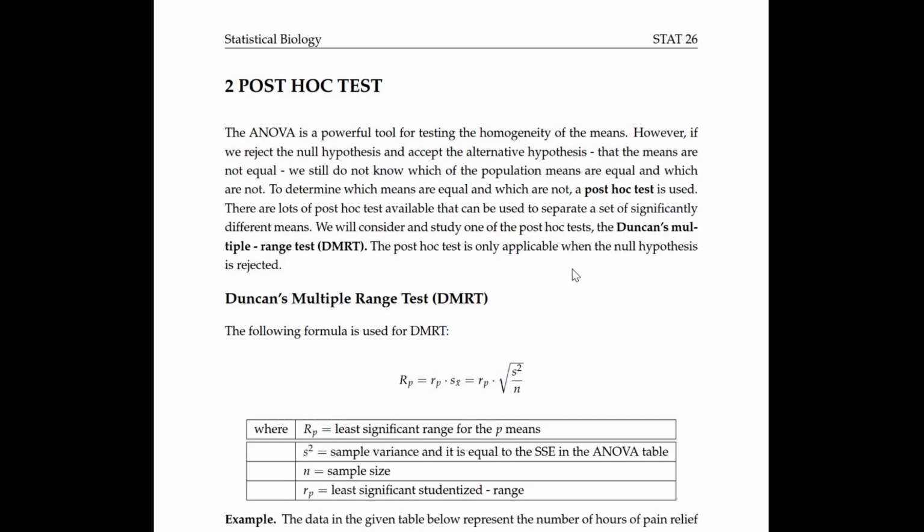So for this discussion, we will consider one post-hoc test, which is the DMRT, or Duncan's multiple range test.